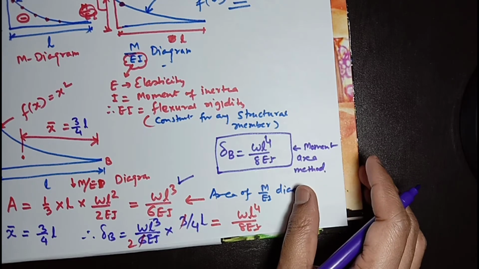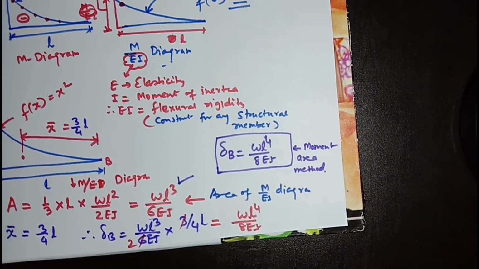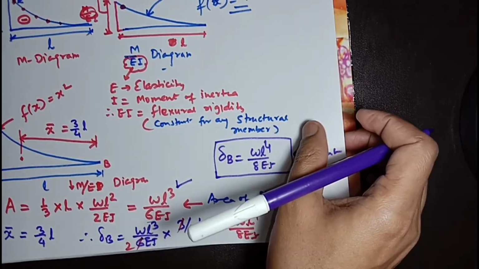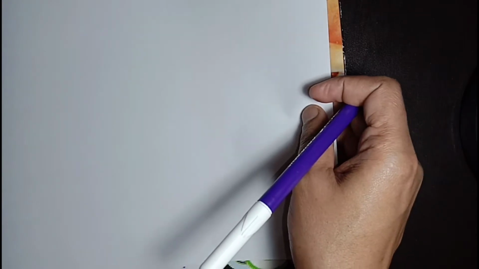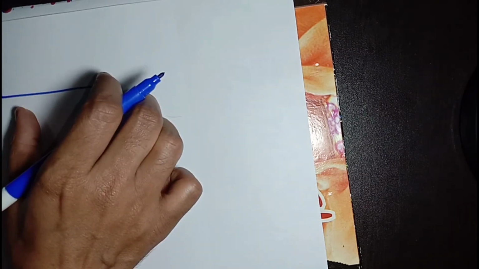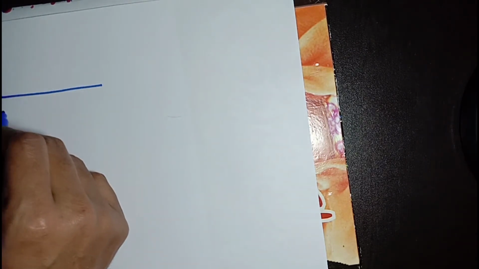Now, as I have told you, I am going to give you a general expression to find the centroid and area of any curve which might be of any function. You can take any curve. For example, there is an x coordinate and this is the y coordinate.